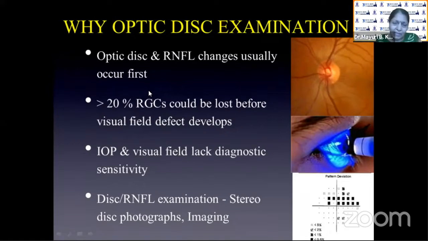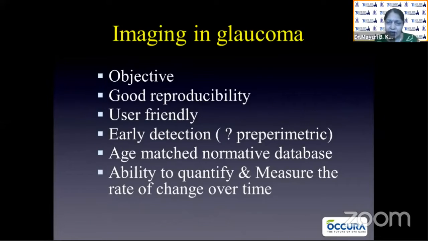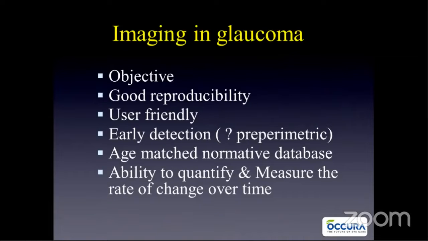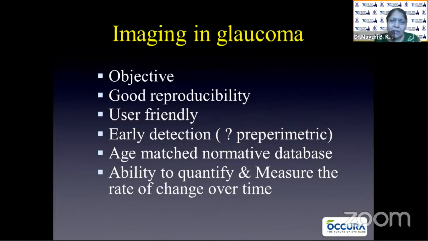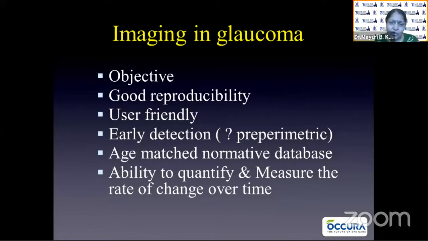That can be examined by taking disc photographs and with imaging techniques. Three modalities are available, and we are going to talk on the OCT, and I will restrict myself to the Zeiss Cirrus OCT. The imaging objective tool has excellent reproducibility and is very user-friendly. Perimetric detection is possible, and it has an age-matched normative database. So it has the ability to quantify and measure the rate of change over time.